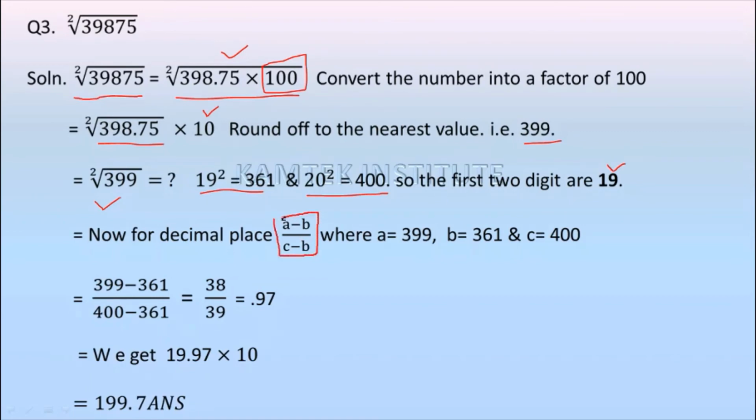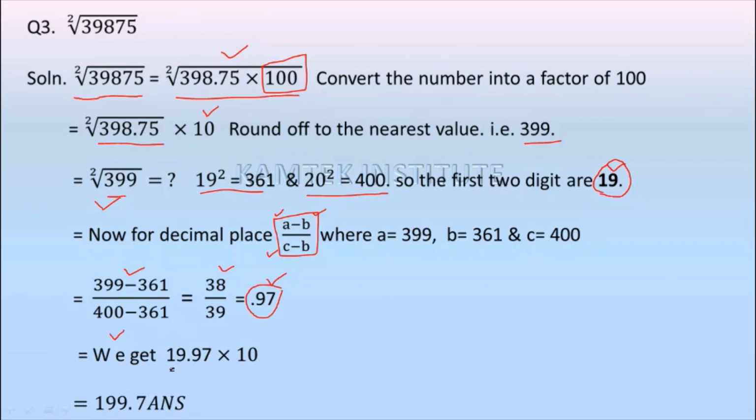We all know (a minus b) upon (c minus b), where a is 399, b is 19 square or 361, and c is 20 square or 400. Putting these numbers in the formula, we get 399 minus 361 upon 400 minus 361, and we get 38 upon 39 or 0.97.